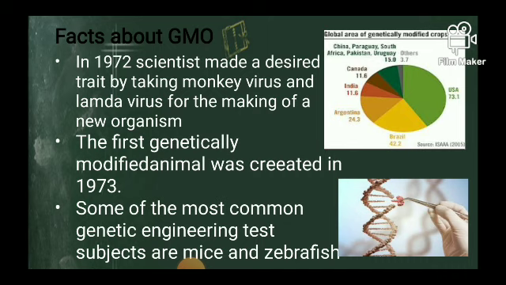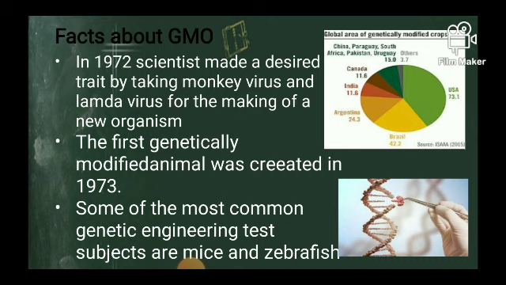In 1990, the Human Genome Project was launched to map all the genes of the human cell. The complete draft of the human genome sequence was published in 2002 with the following objectives. Number one, determining the human DNA sequence. Number two, understanding the function of the human genetic code.